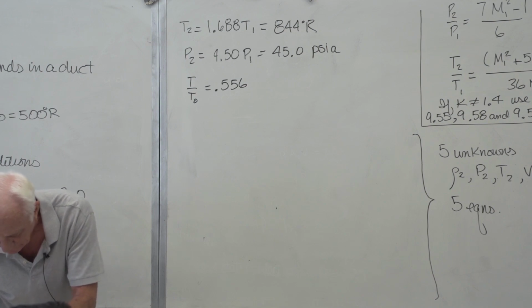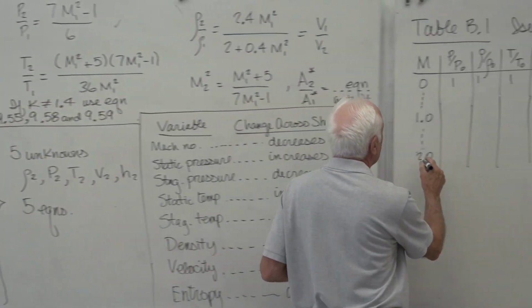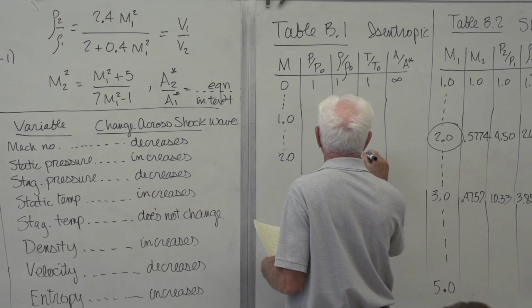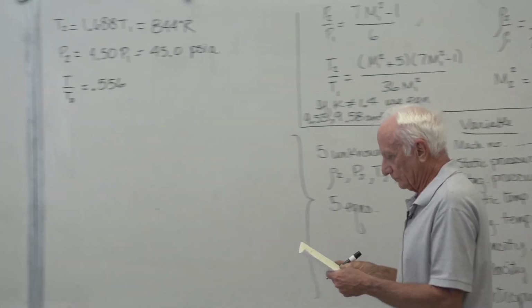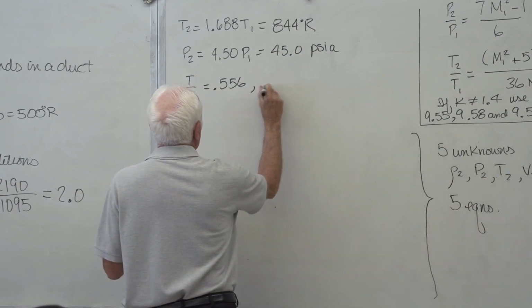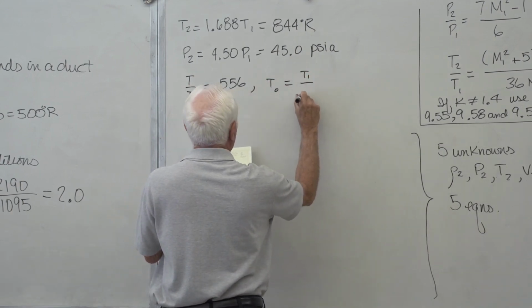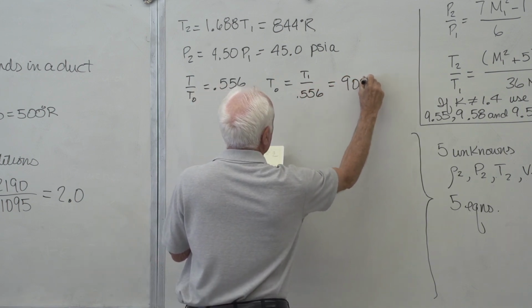Yep, that's it. I didn't put Mach. Oh, yeah, that's what I did right here. So that is 0.556. So T naught is T1 over 0.556, 900 degrees R.